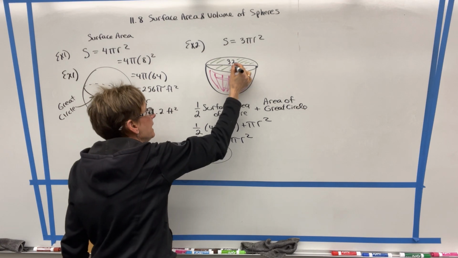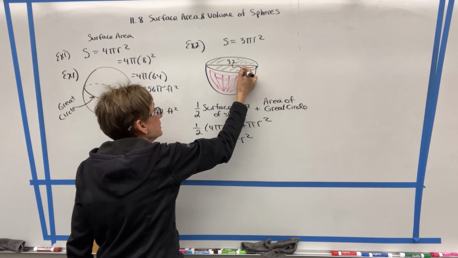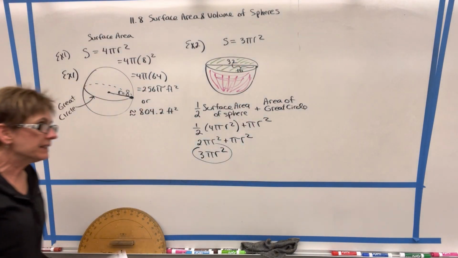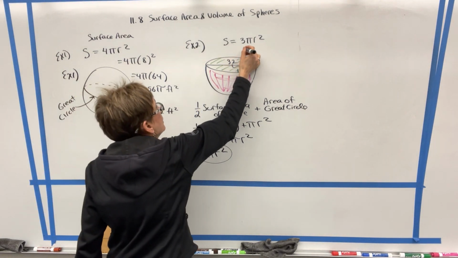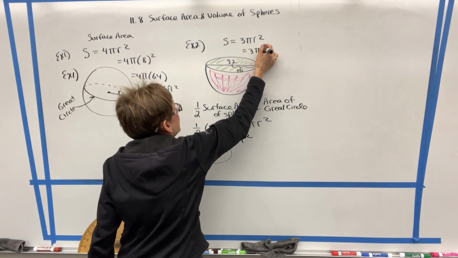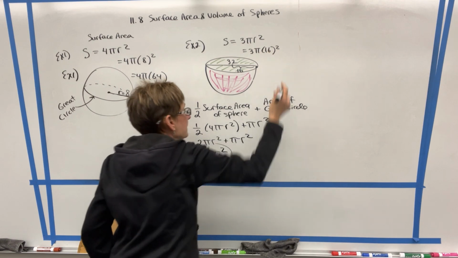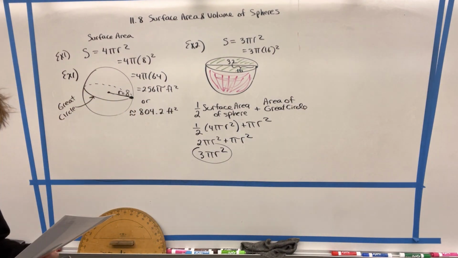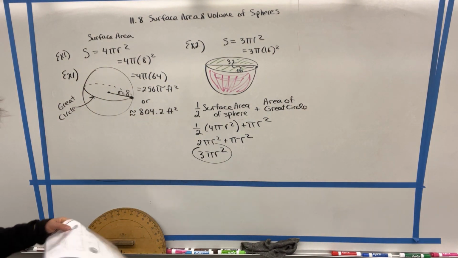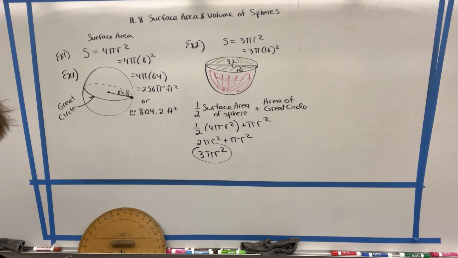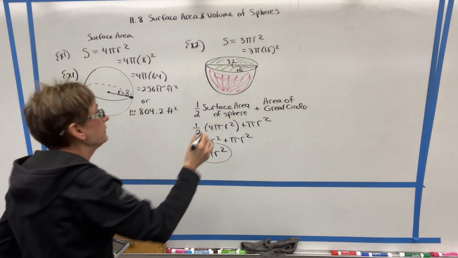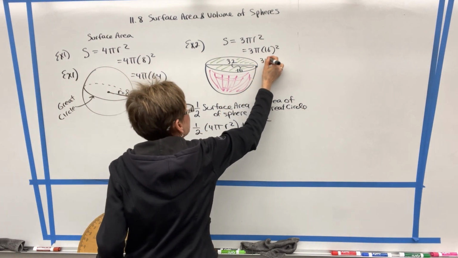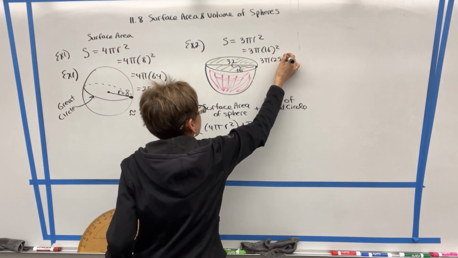Now, in this case, if my diameter is 32, the radius would be 16. So I would need to take 3 times pi times 16 squared. When I square 16, I would get 256, so 3 times pi times 256.